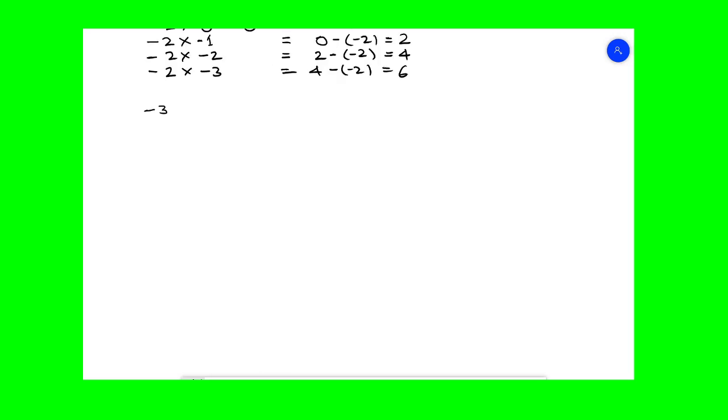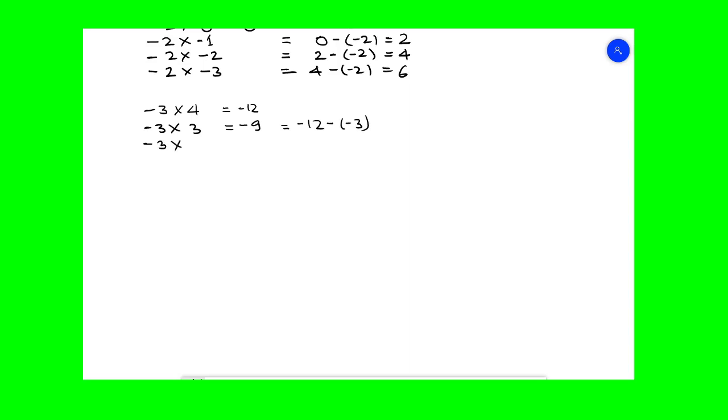Minus 3 multiplied by 4. This gives us minus 12. Minus 3 multiplied by 3. This gives us minus 9, which is equal to the previous figure, minus 12, minus minus 3.